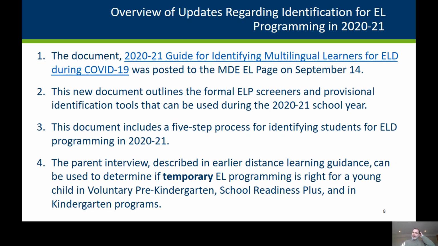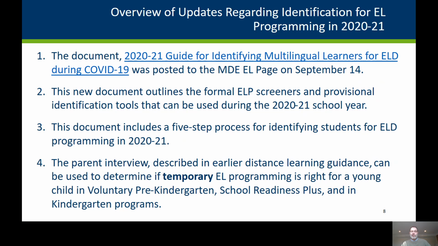So I want to provide an overview of some of the updates regarding identification for EL programming that are new for this year, new since the fall. We do have two updated documents. The first is the 2021 Guide for Identifying Multilingual Learners for ELD during COVID.